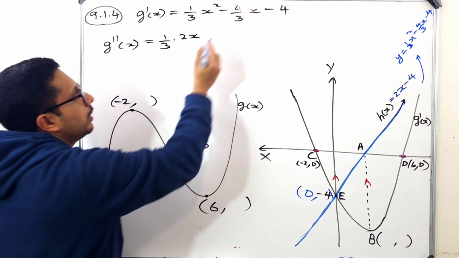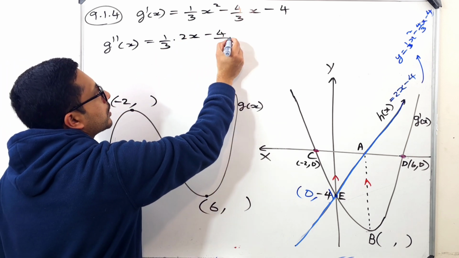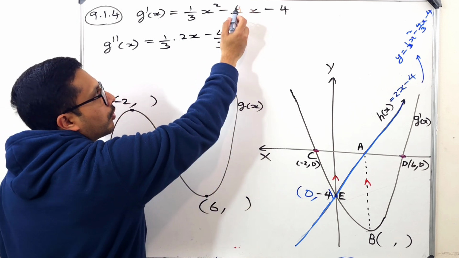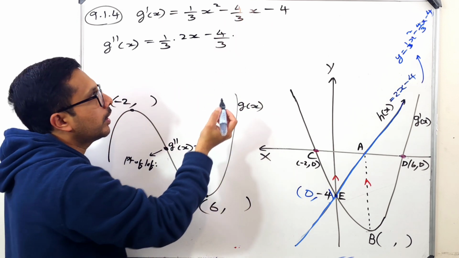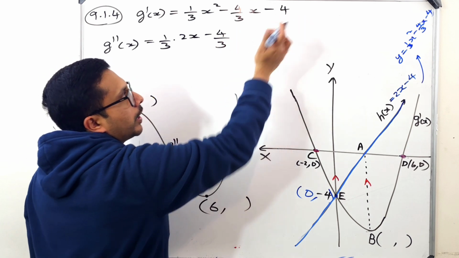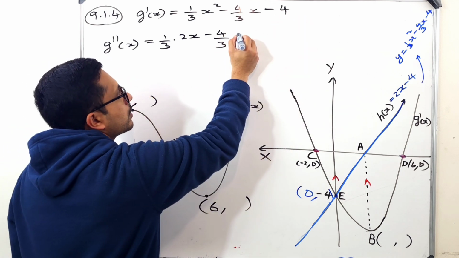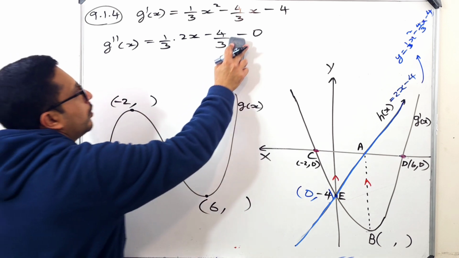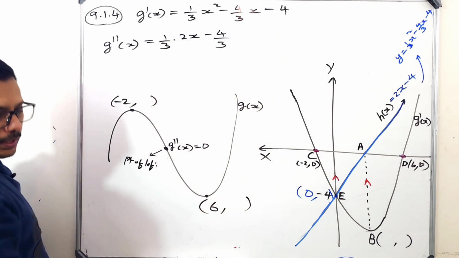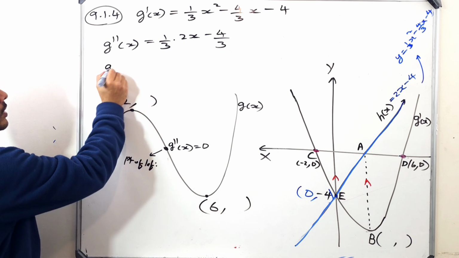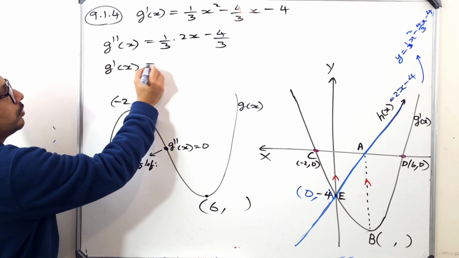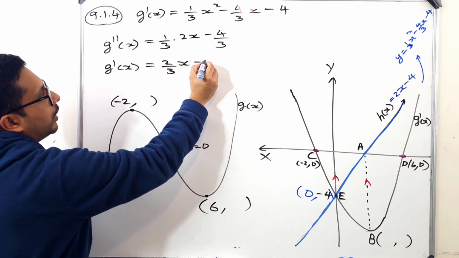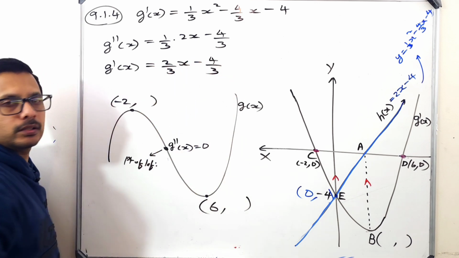Am I right? Then minus 4 over 3, what is the derivative of 4 over 3 x? That is 4 over 3. Then what is the derivative of this minus 4? It is 0, so there is no need to write that. So what is the answer here? The second derivative, g double dash of x, is equal to 1 times 2, that is 2 over 3 x minus 4 over 3. Am I right?